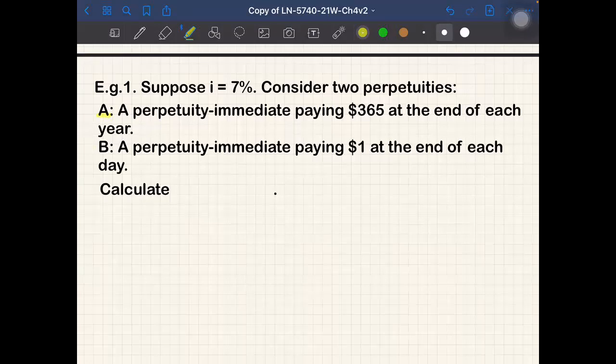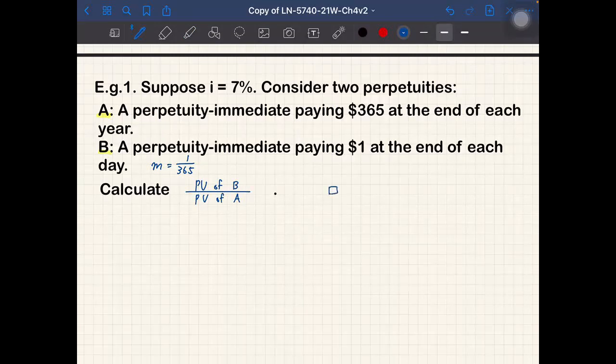And perpetuity B is a perpetuity immediate paying $1 at the end of each day. So this is basically the case that m is equal to 365. The question: calculate the present value of B over the present value of A. So we want to get the proportion.